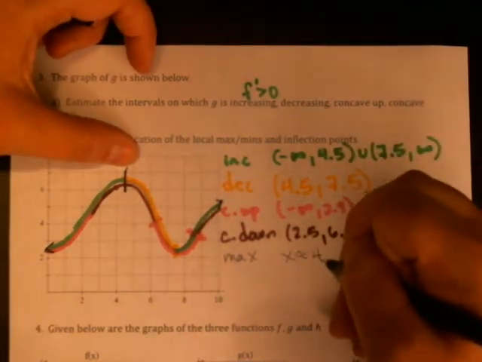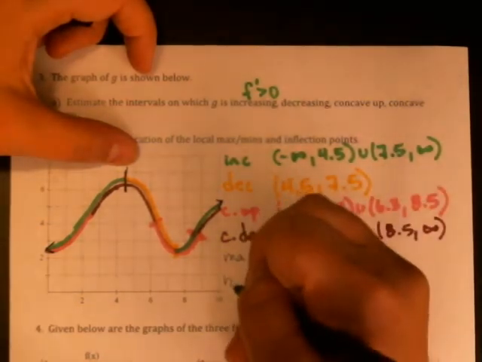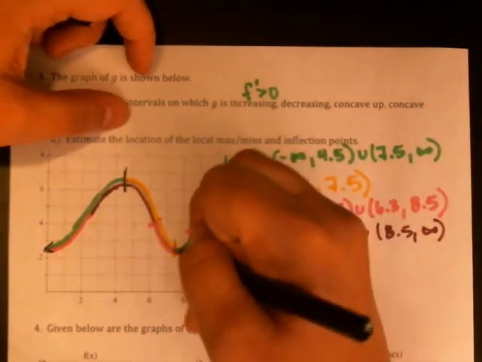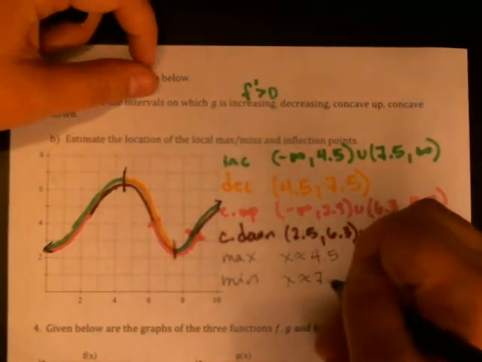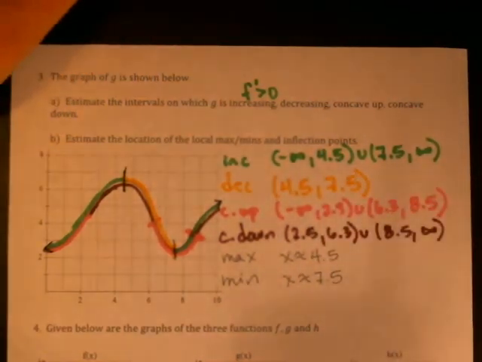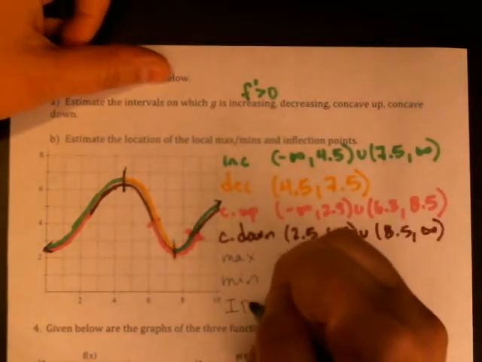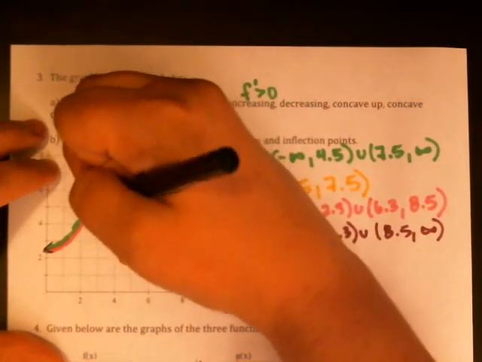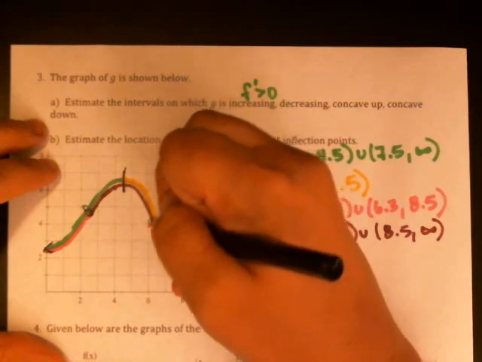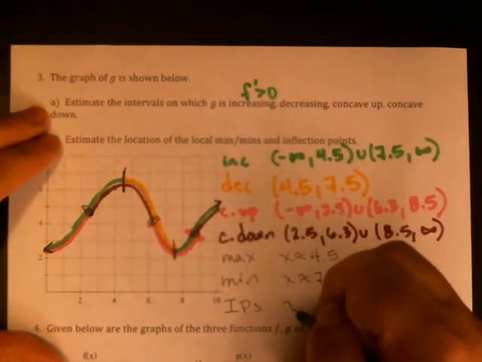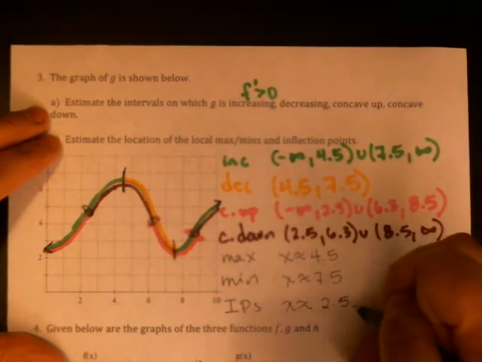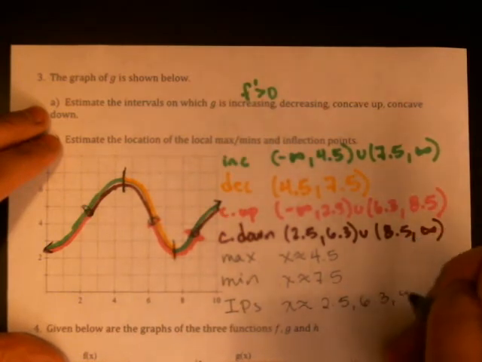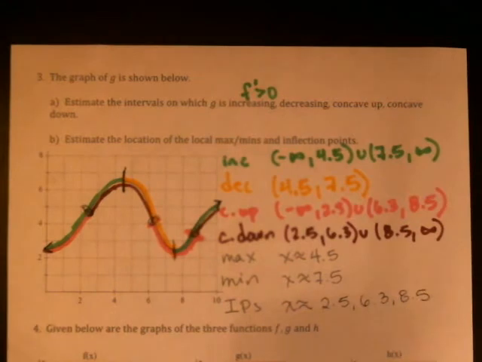Yep, 4.5. The min is right around 7.5. And then my inflection points are these guys that I picked out. They look like they happen around 2.5, 6.3, and 8.5.